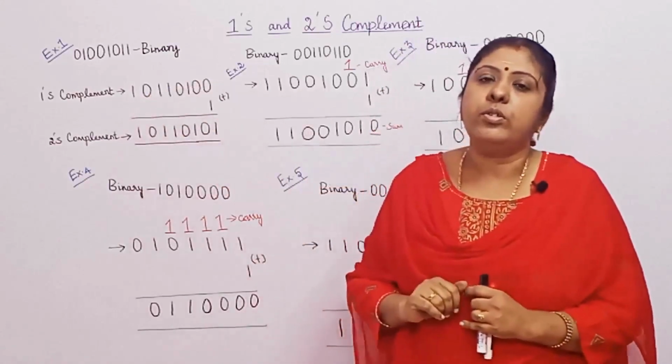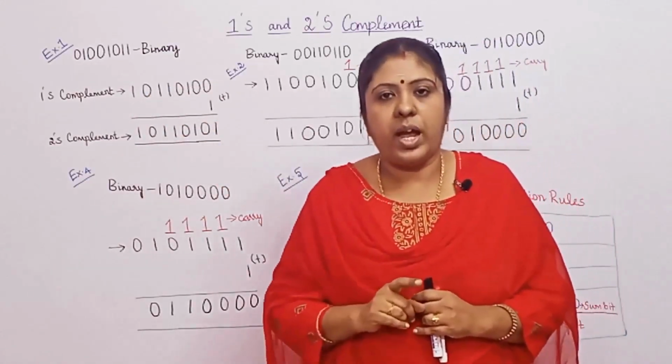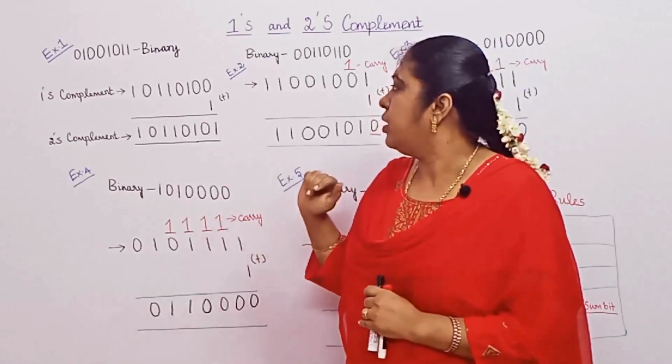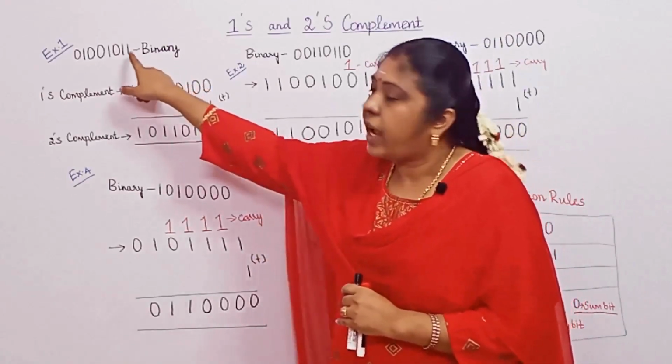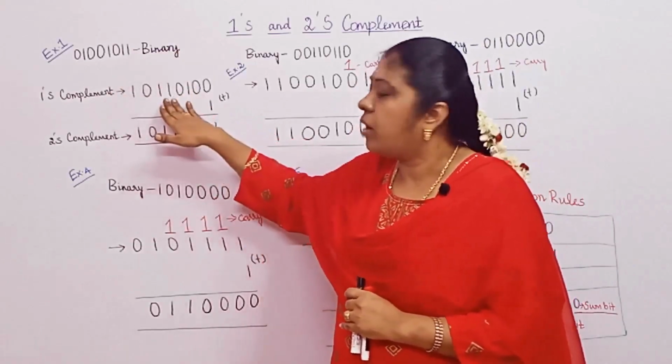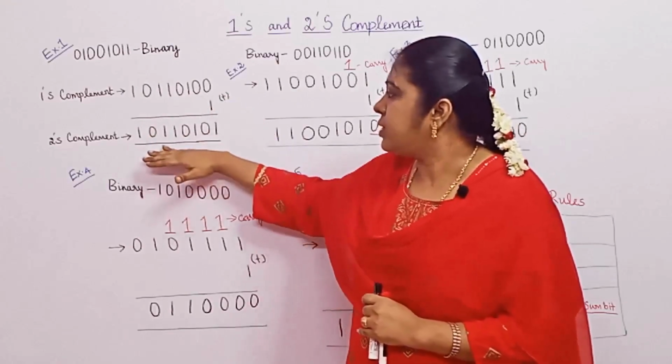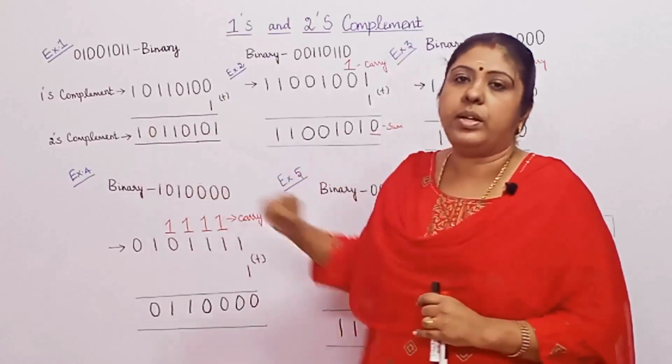And when converting to 2's complement, you have to add 1 to the 1's complement number. Don't forget this rule. Don't add 1 to the binary number directly. You have to convert to 1's complement and then add 1. And this is the final 2's complement number.